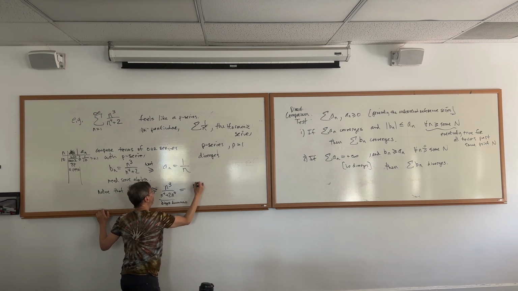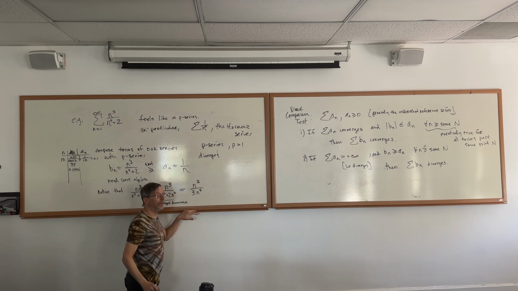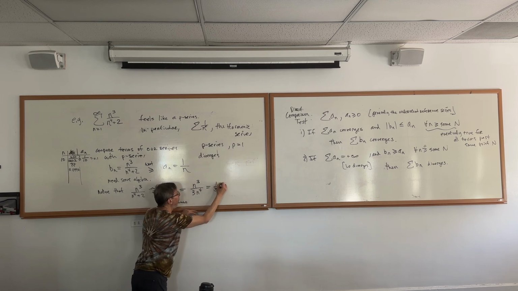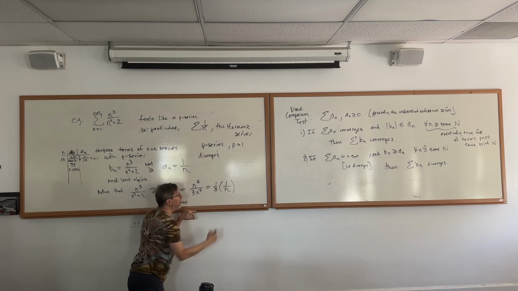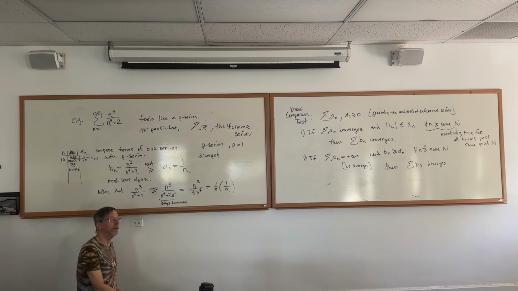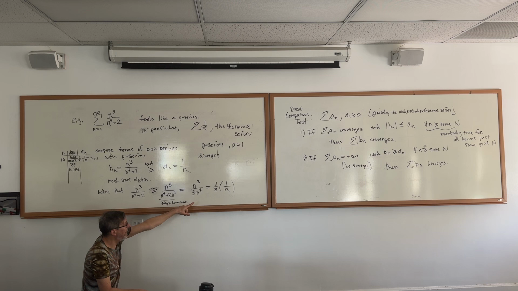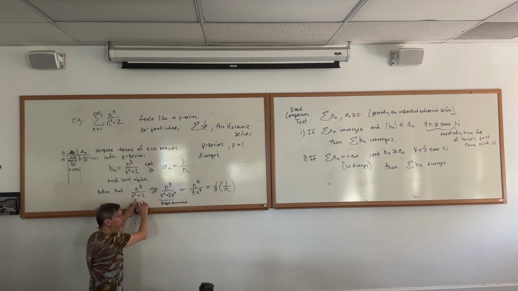Now I got a little algebra here. Oh, good, nice. And now things cancel. So this is actually 1/3 times 1 over n. And so what I actually now have is that 1/3 of the harmonic series terms are bounding underneath this thing, but I had to do that little bit of a tweak.